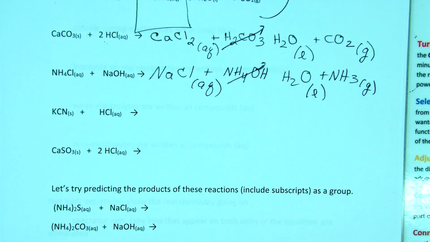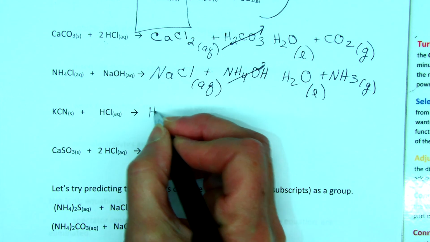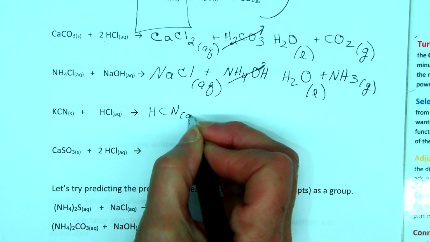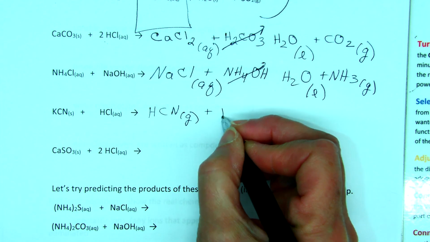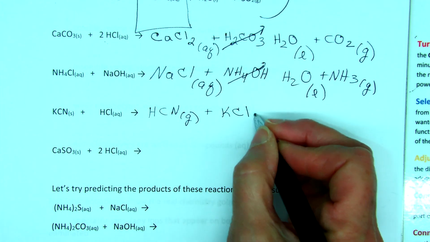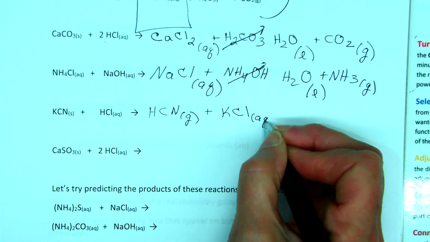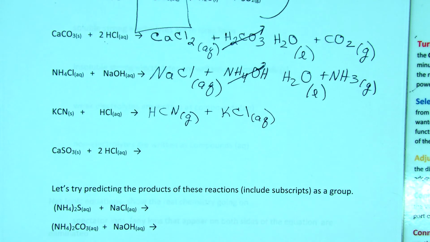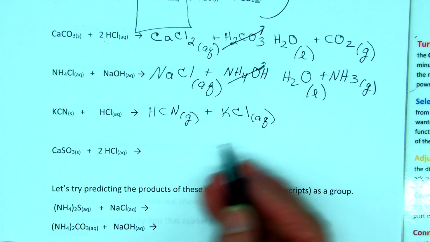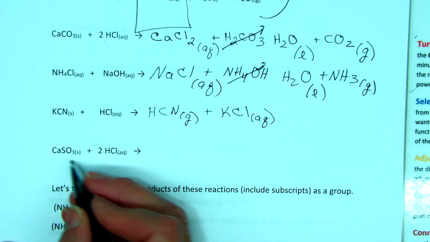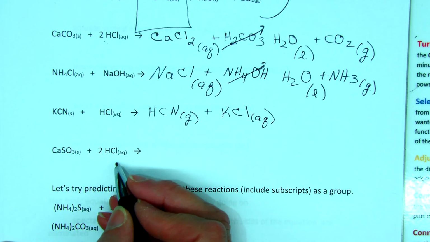Potassium cyanide and HCl. I make HCN, which I recognize as that almond gas, plus potassium chloride. Potassium chloride dissolves readily. That's what they use to stop your heart for heart surgery. They overload you with potassium chloride. It stops your heart. Calcium sulfite plus HCl.